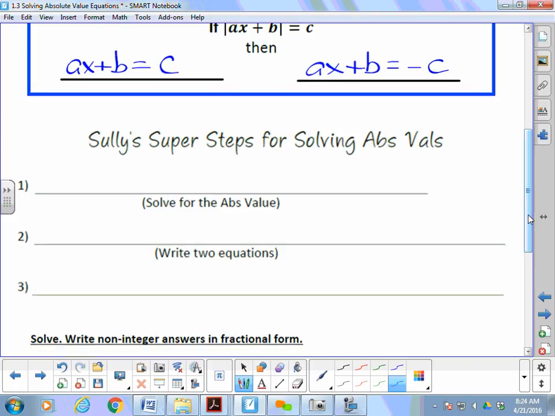So we have some super steps for solving absolute values. First of all, he says here, solve for the absolute value. In other words, the first thing we want to do is isolate the absolute value.